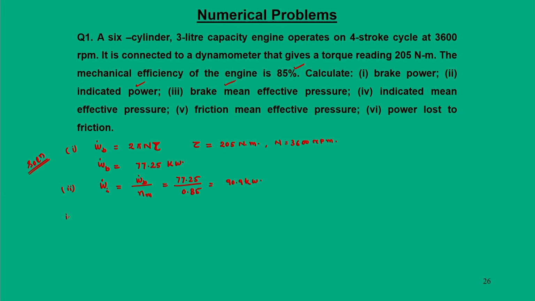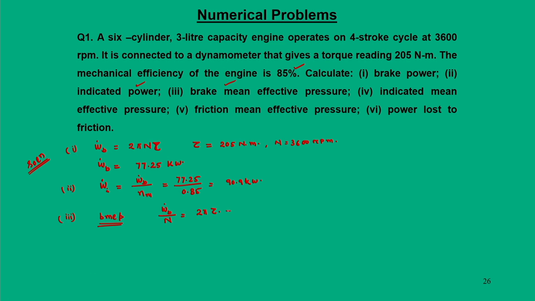The third term we are going to calculate is the brake mean effective pressure, BMEP. For the BMEP calculation, let us look at the brake power expression. W dot B by N is nothing but 2 pi tau.